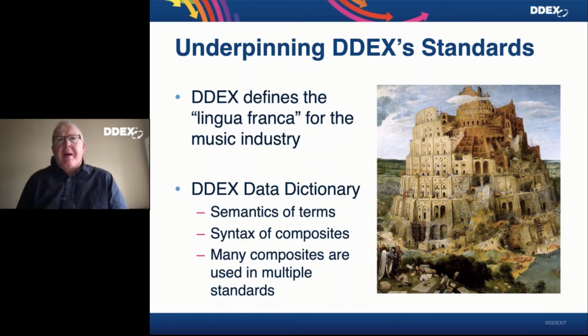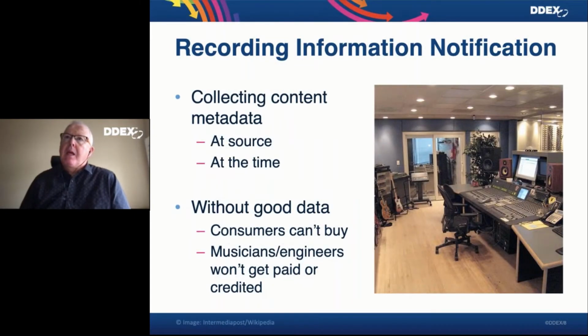And the key thing about these composites is that they become like building blocks within DDEX and are commonly used in that way throughout the standard. So obviously something like a sound recording or a musical work, which is important for almost every transaction, will use the basic composite that describes a sound recording or a musical work.